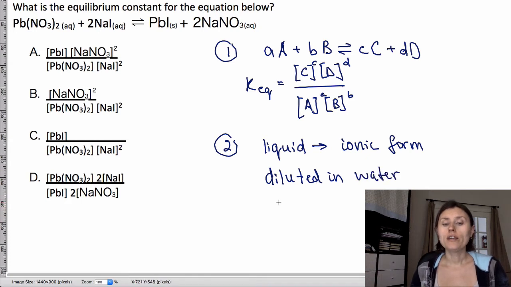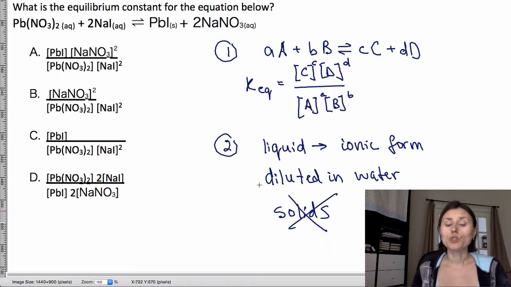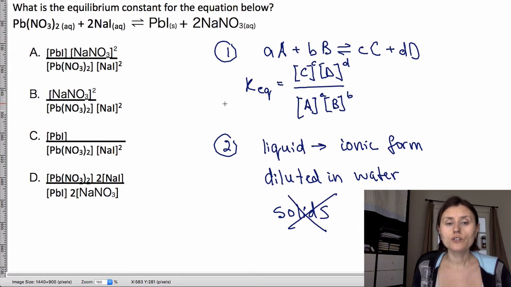If you have a solid entering or leaving the equation, solids are excluded from the equilibrium constant formula. Based on these 2 knowledge points, we can go ahead and solve this question.